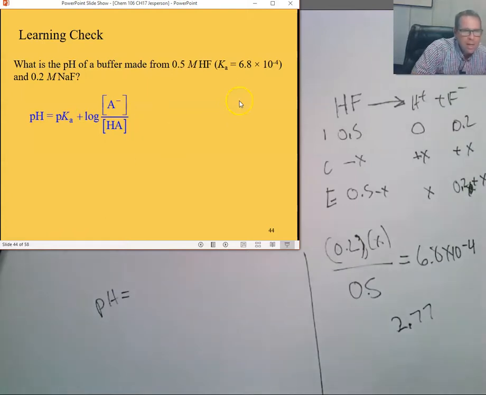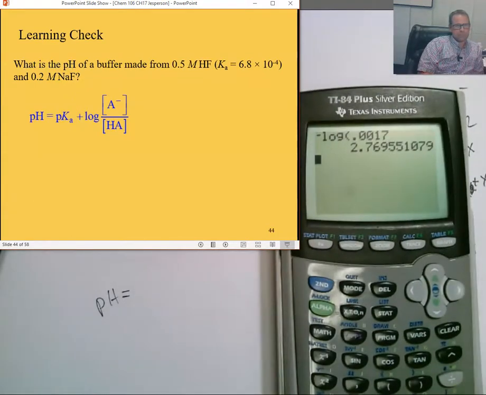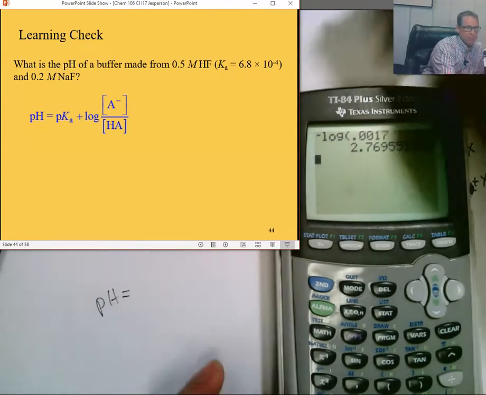I have the Ka here, right? How can I get the pKa? Well, I know the pKa is where it's 50% associated and 50% dissociated, but I'm not sure how we get it.